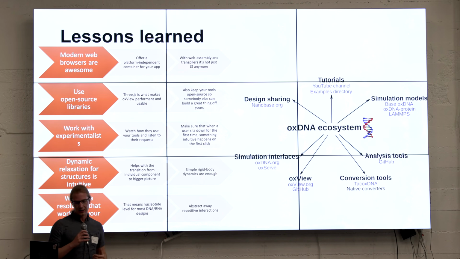And finally, is to work at the resolution that works for your application. I mentioned that OxDNA is a nucleotide level model. And the important thing here is that nucleotide level is good enough for doing these structural DNA nanotech things.